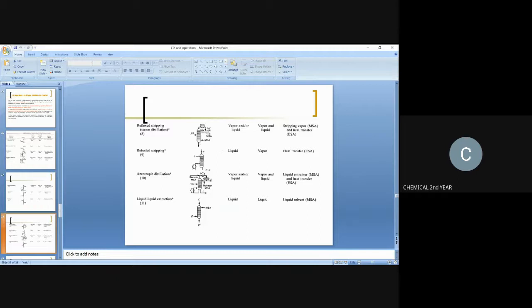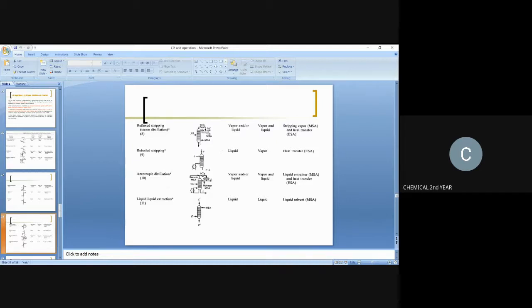Reboiled stripping. Here, vapor and or liquid is the feed and vapor and liquid is the created or added phase. Stripping vapor and heat transfer is the separating agent. Next, reboiling technique. Here, feed is the liquid and vapor is the created or added phase. Heat transfer is the separating agent.